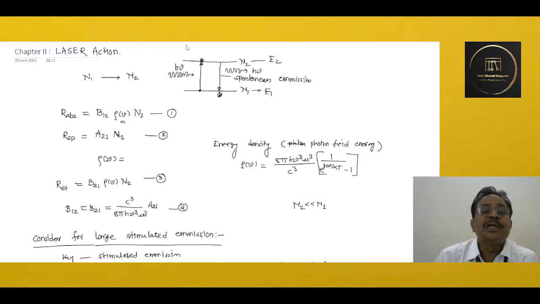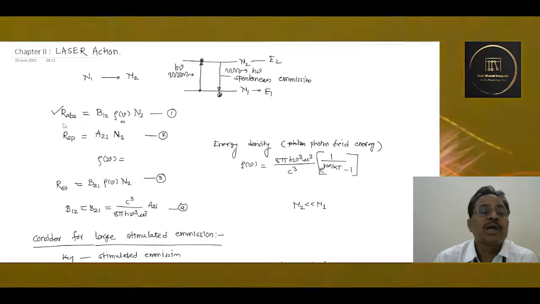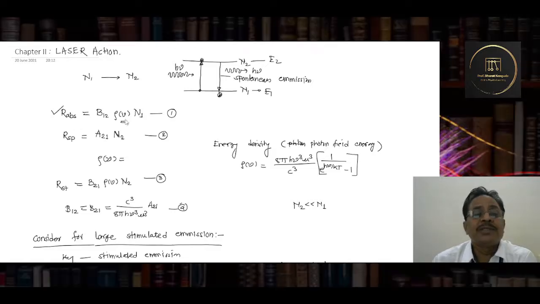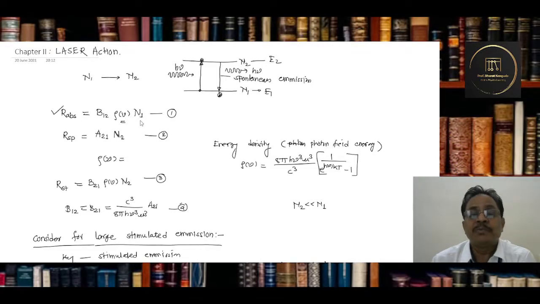This is the expression that gives you how this particular rate is calculated. This is RABS, the absorption rate, which is given by B12 into rho nu multiplied by N1. That is what we have already discussed. This RABS is directly proportional to the number of atoms found in the first energy state, N1. The energy state is E1, and the number of atoms in that energy state is N1.